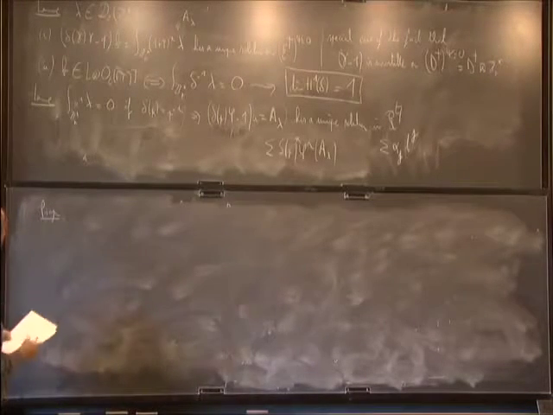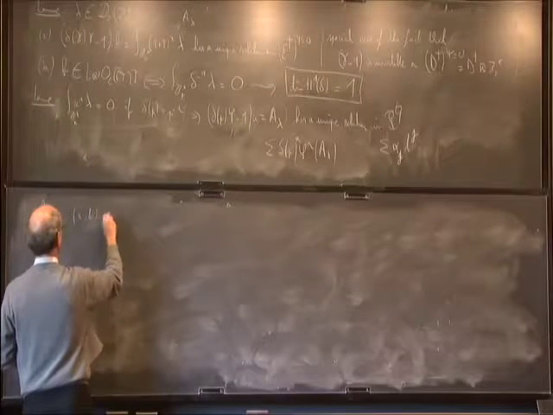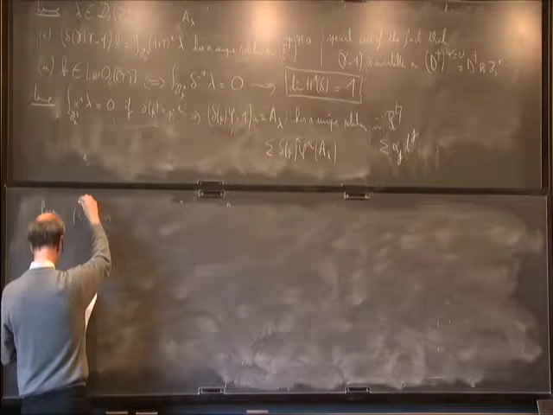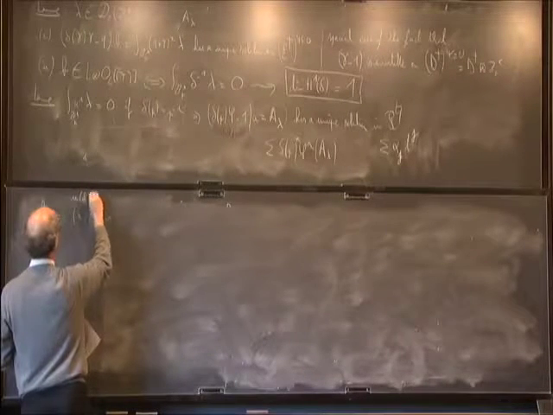If you look at the A and B here, you actually need that the valuation of delta of p is strictly negative.